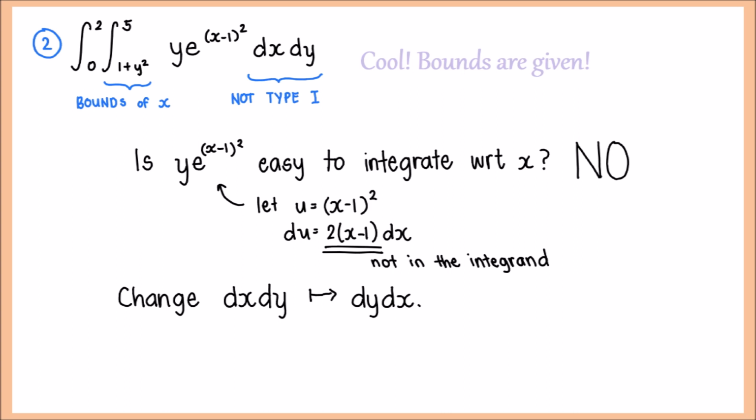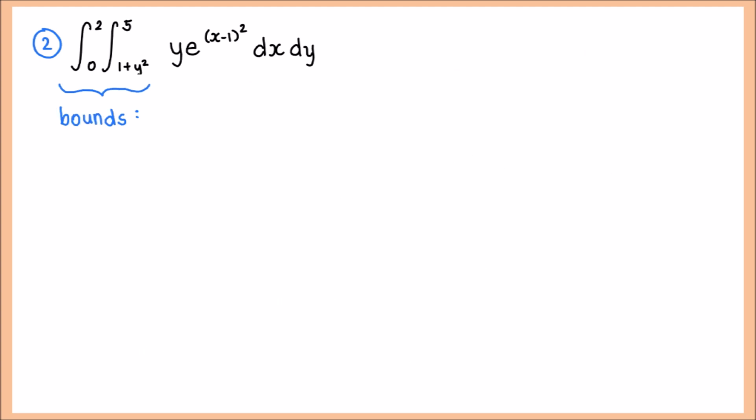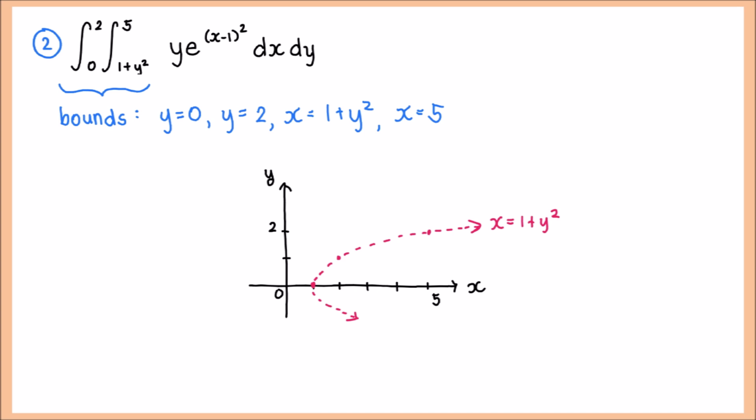And for us to get the correct bounds for x and y, it is essential to draw the region. So let's get first the given bounds. From here we have y is equal to 0, y is equal to 2, x is equal to 1 plus y squared, and x is equal to 5. With these given bounds, we get this type 1 region here. The upper boundary of the vertical strips is 1 plus y squared.